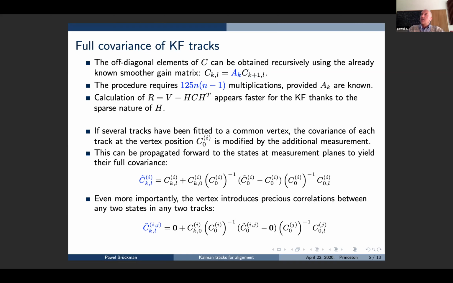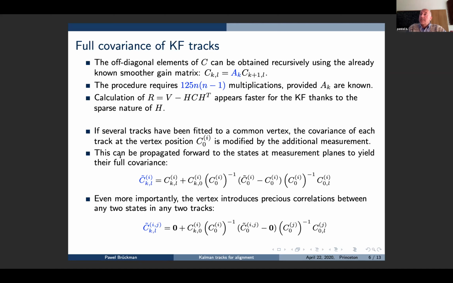The calculation of the R, so the full covariance of the residuals, appears actually faster for the Kalman filter thanks to the sparse nature of H, as I mentioned already before.